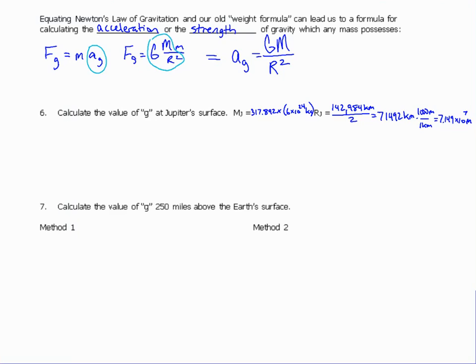So let's use this formula that we just found. Acceleration of gravity is big G times the mass of the object over the radius squared, and plug in our numbers.